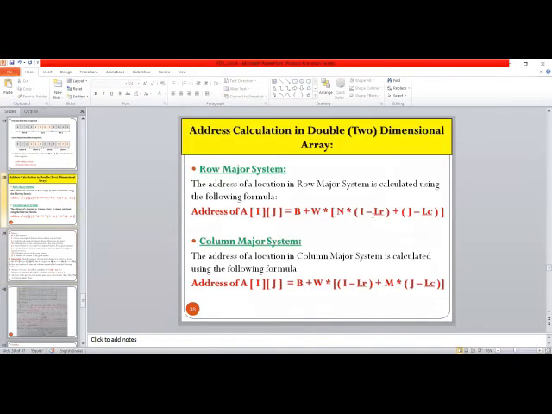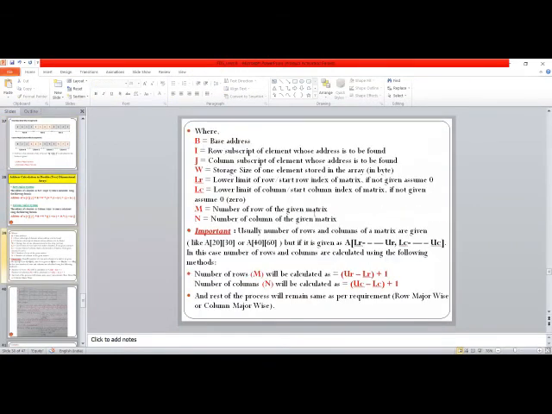Now in this formula you can see here LR and LC, right? LR is the lower limit of the row or the starting row index from where we are actually starting, right? If it is not given, we have to assume it as 0, as in the case of single dimensional array, right?